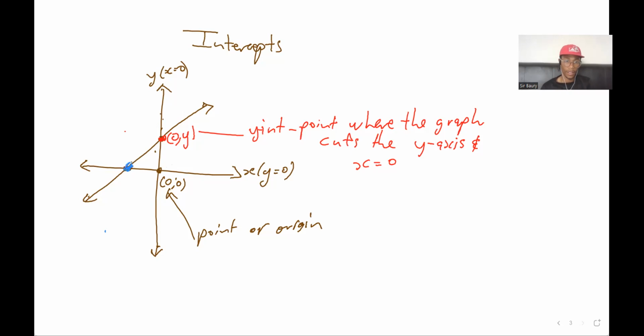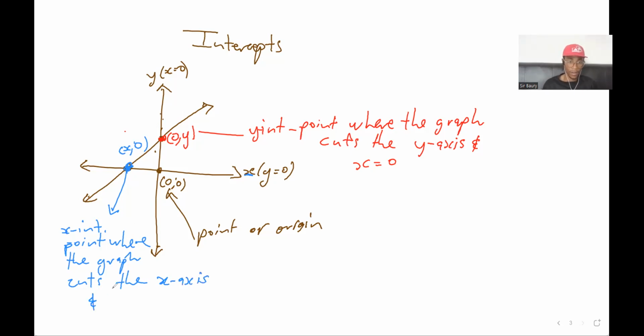When I look at this point here, that's where the x-axis is being cut. So this is the x-intercept. What is the x-intercept? Remember that it is a point, because you have x and then 0, which is y. It is the point where the graph cuts the x-axis and y is equal to 0.